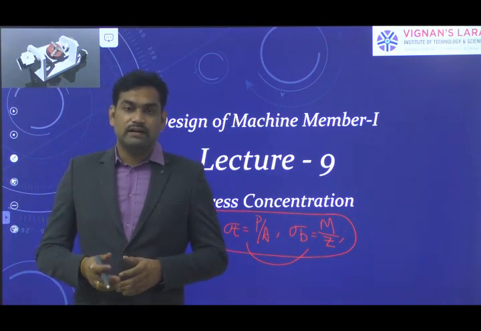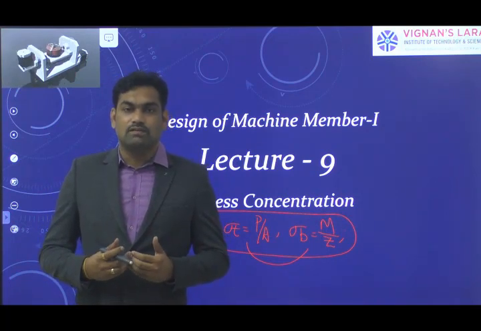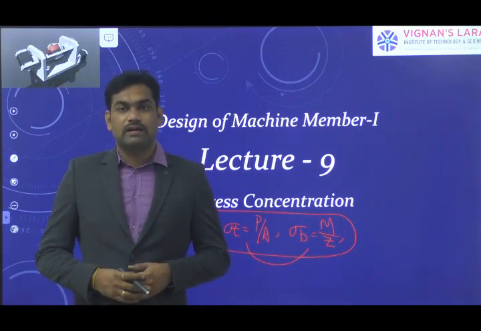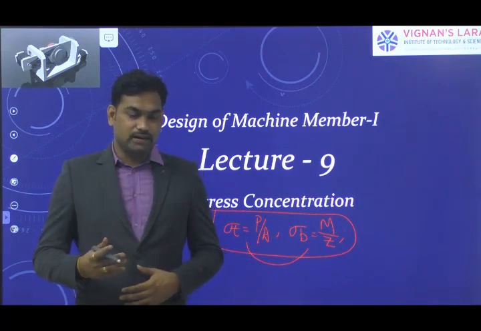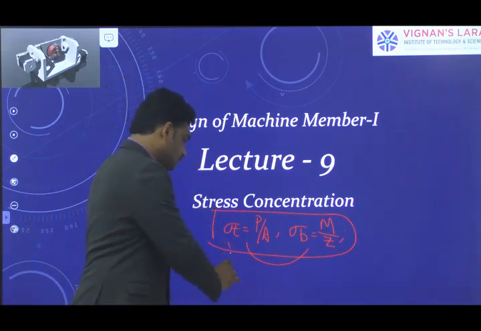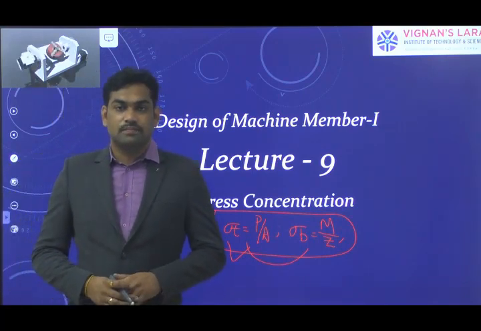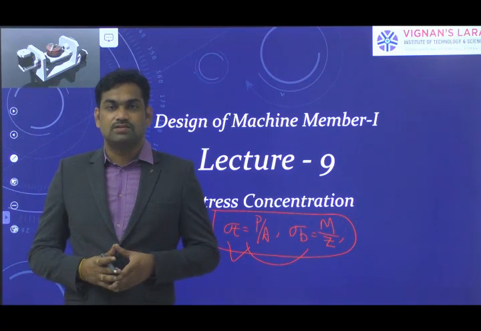Clear? In that case, the stress near these geometrical discontinuities may be greater than the stress calculated using the normal equations. That is what we are going to discuss in this unit.